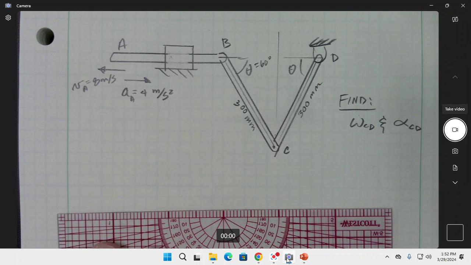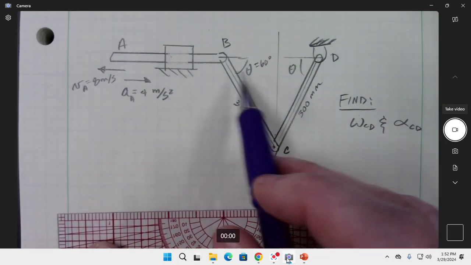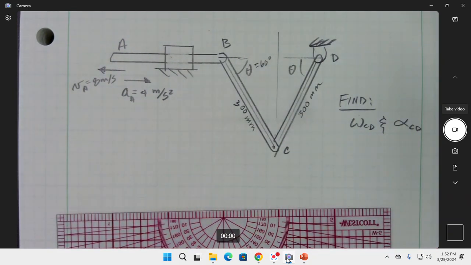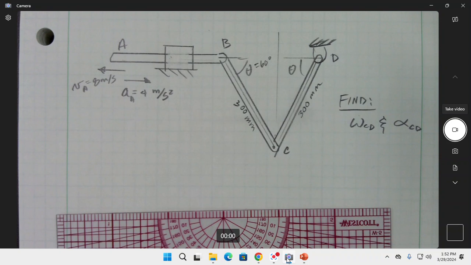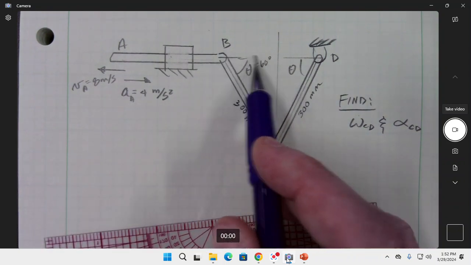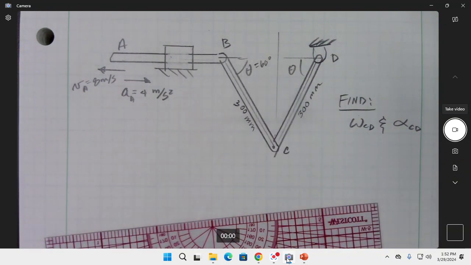So velocity analysis first. You could think of this as being just like a piston and crank and connecting rod situation right here. But now this thing is the piston. So we're going to have a velocity that comes out this way right here.